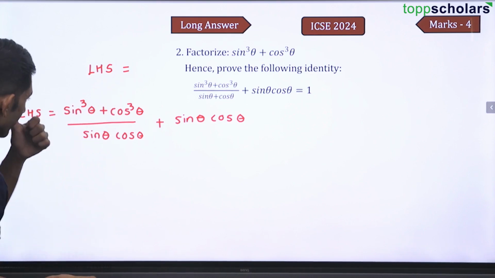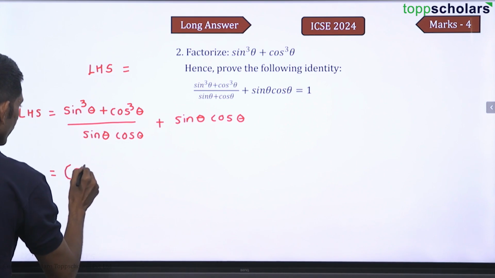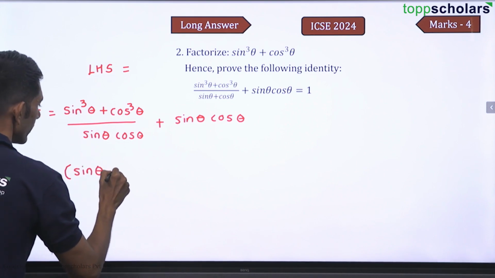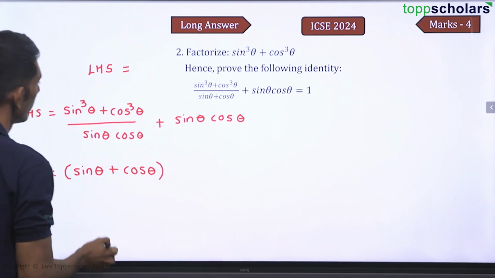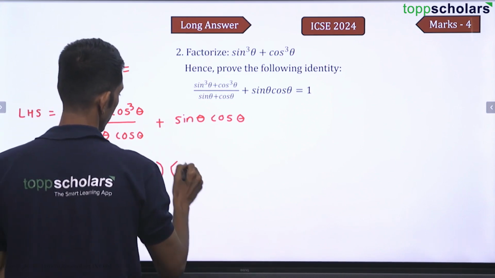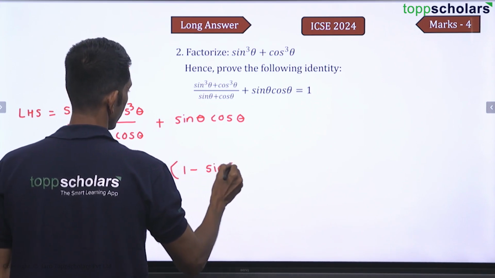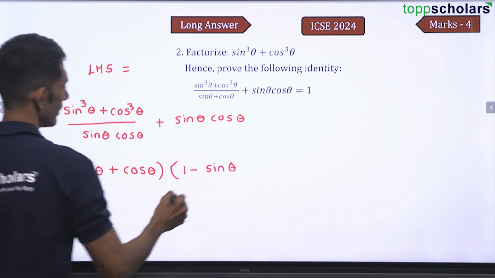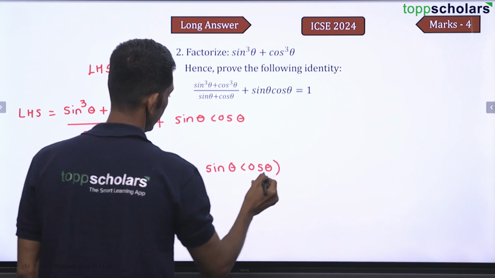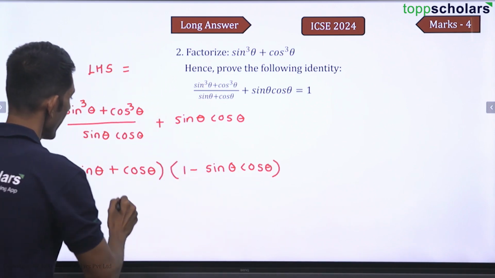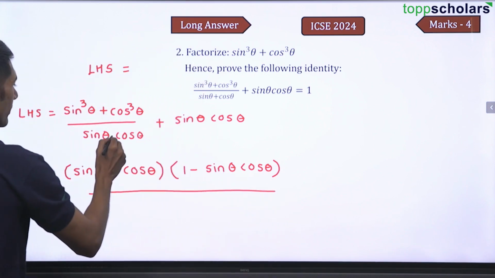Now this we have already factorized, sine cube theta plus cos cube theta. Recall, it was sine theta plus cos theta into 1 minus sine theta cos theta, divided by sine theta plus cos theta.